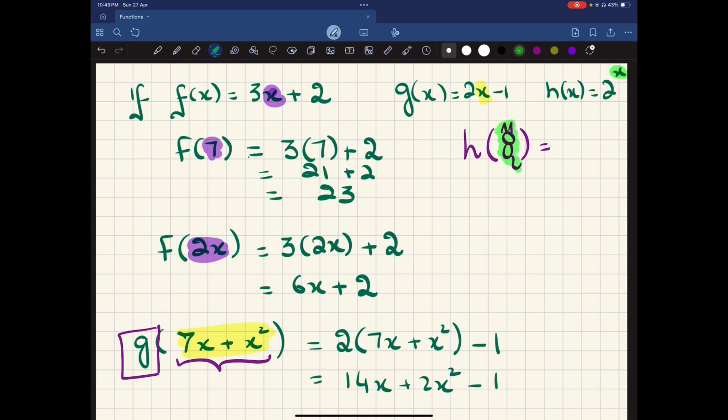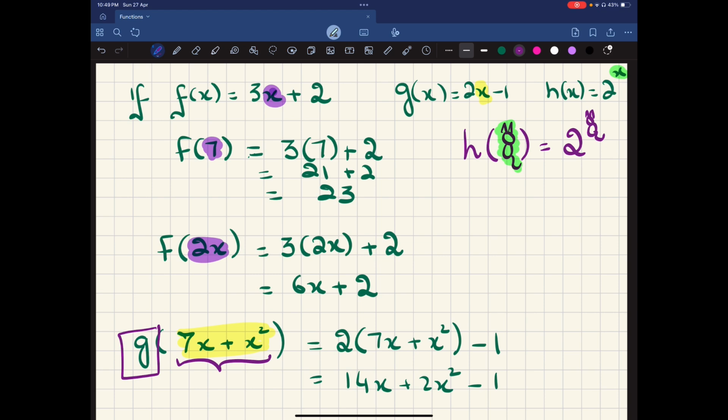Obviously they're not going to ask you to substitute a cat, but this is just an example to tell you that whatever is in the bracket is going to be substituted in the function in place of x. Okay, I hope this is clear.